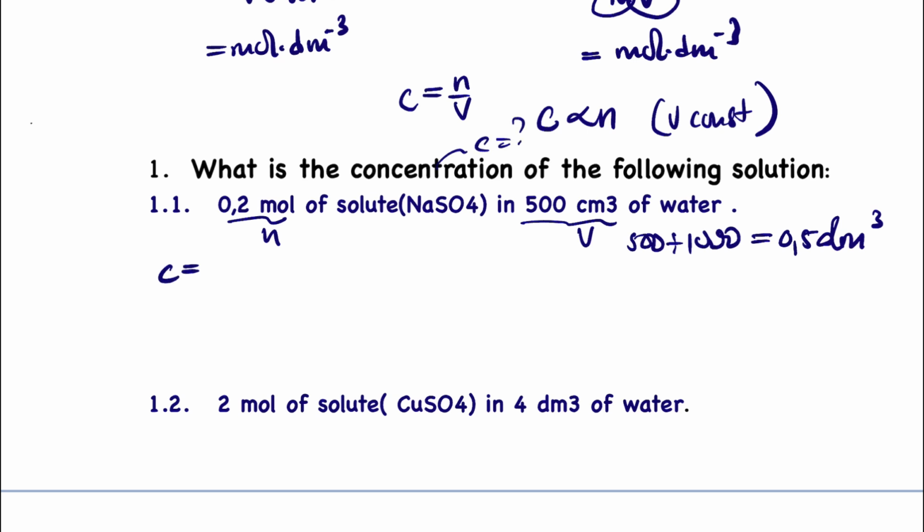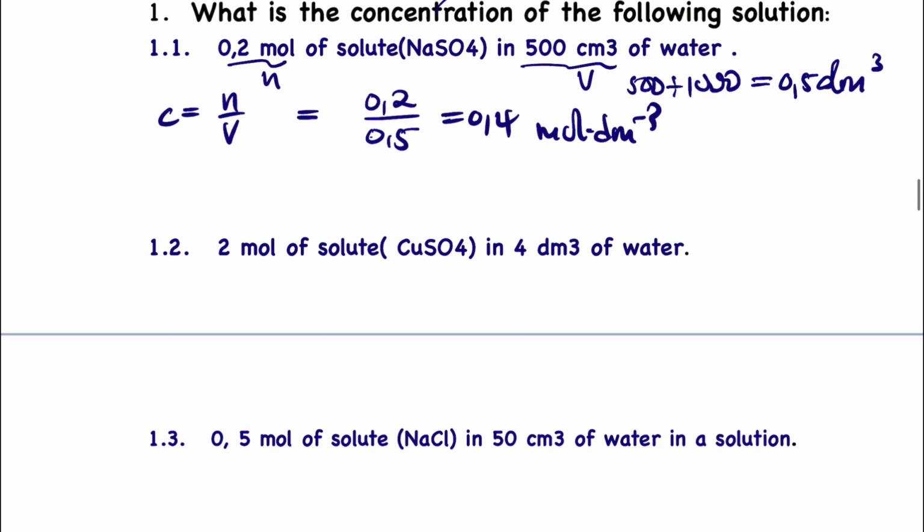And then we have the number of moles, and we want the concentration. So we use the formula that says C is equal to n over V. And then we substitute the number of moles, which is 0.2, and divide by 0.5, right? 0.2 divided by 0.5 is going to be 0.4. The unit is going to be mole per dm3, right?